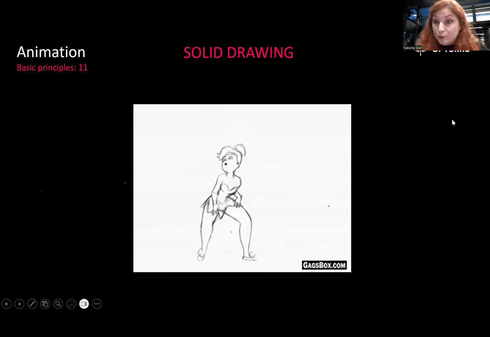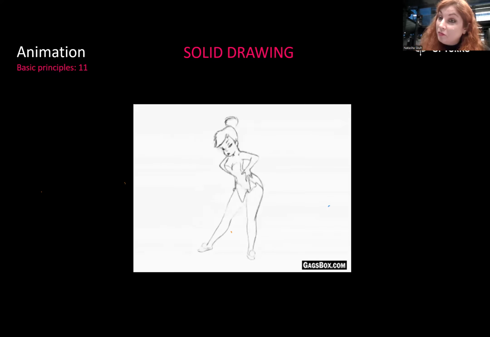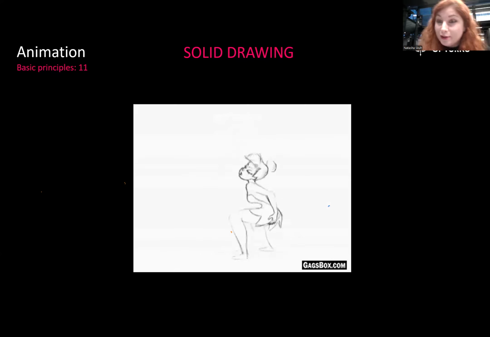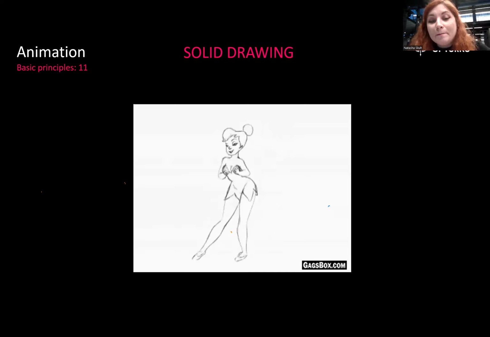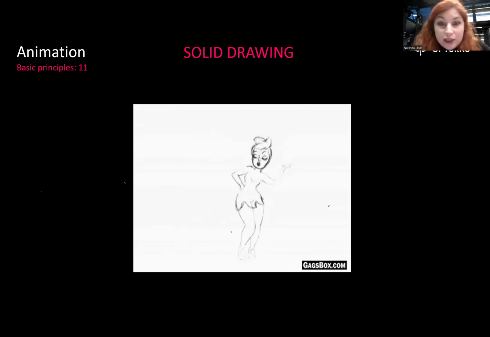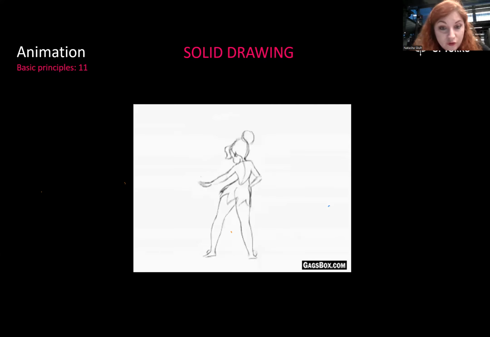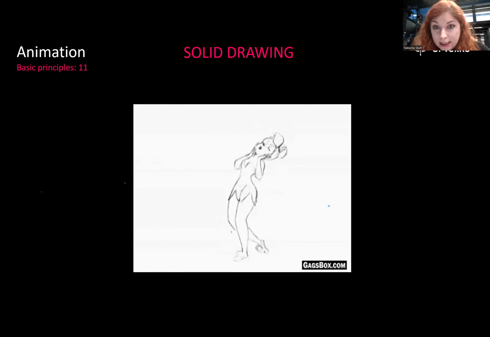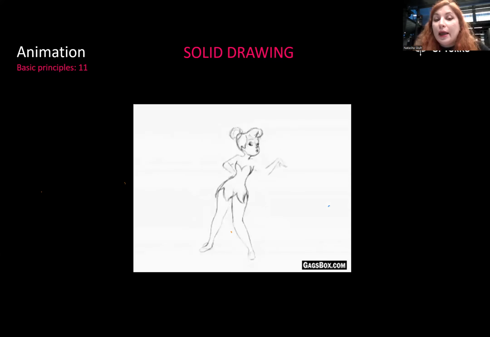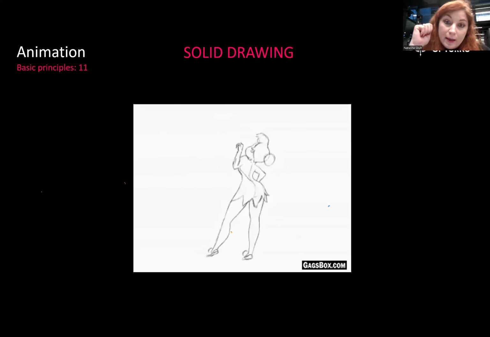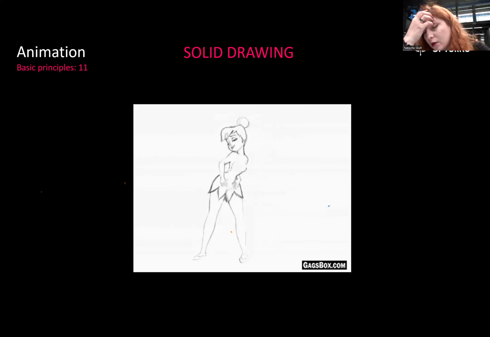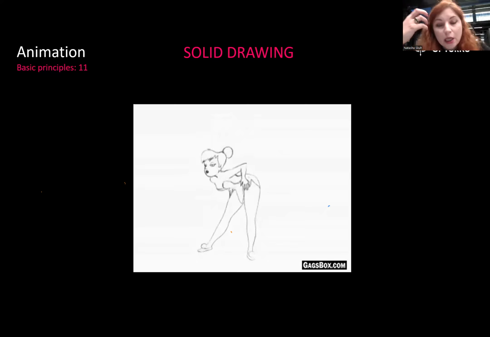So Tinkerbell doing very questionable dance moves, but respect. No matter which angle, pose or movement Tinkerbell is in here, we can always recognize her, because she has a very specific bun and the fringe.